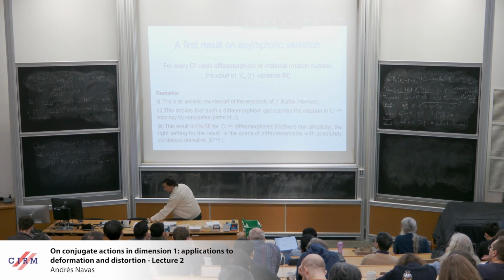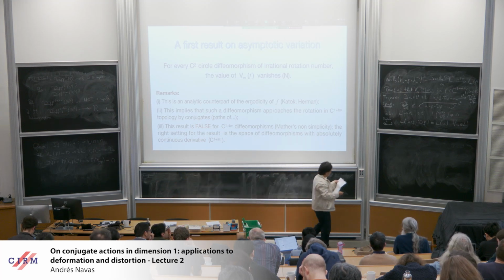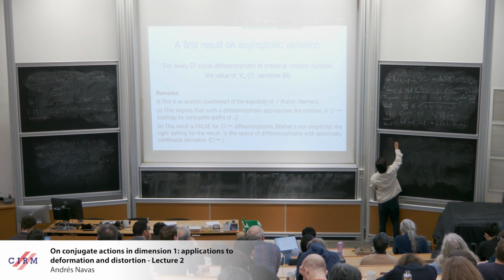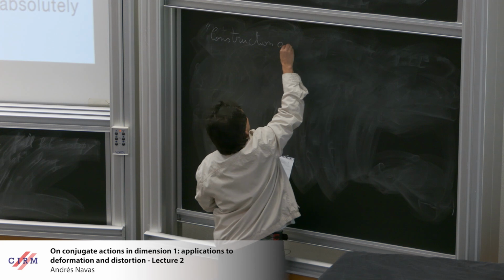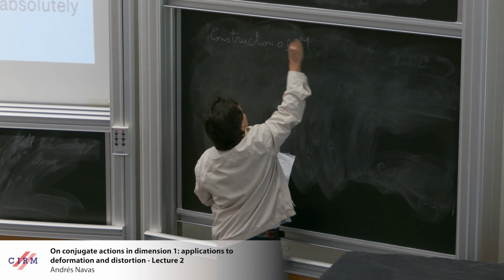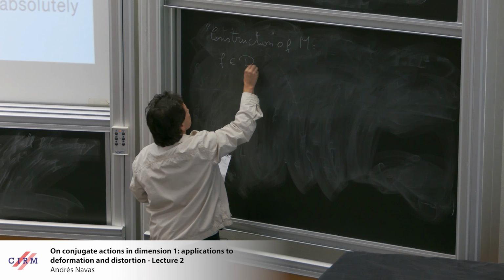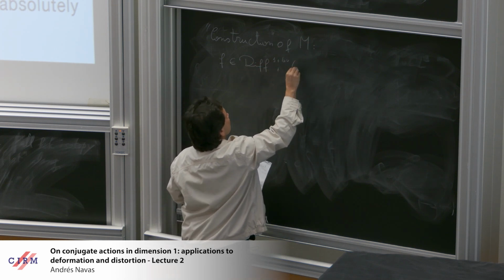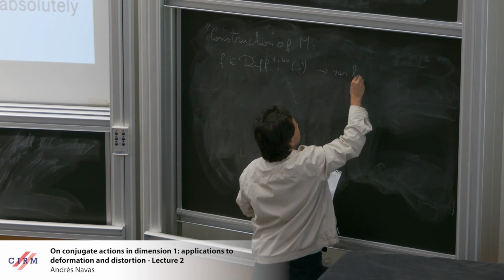So roughly, if you take an f in the Denjoy class, C1 plus bounded variation, well, this means that the variation of the logarithm of the derivative is finite.